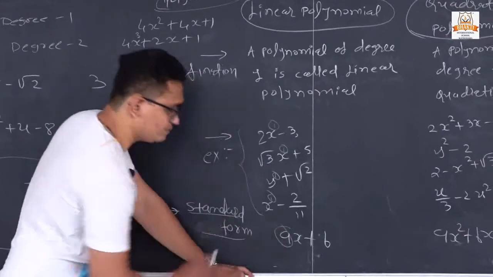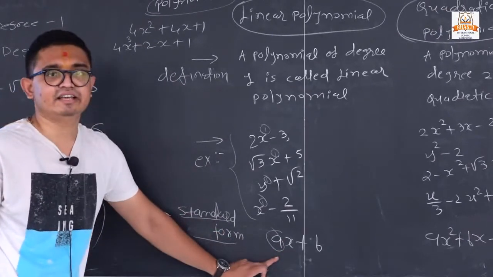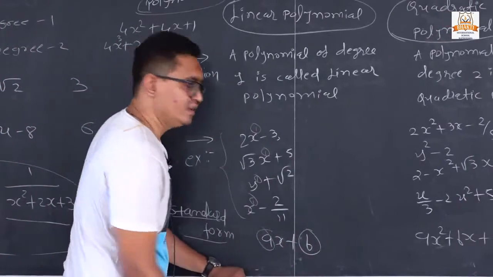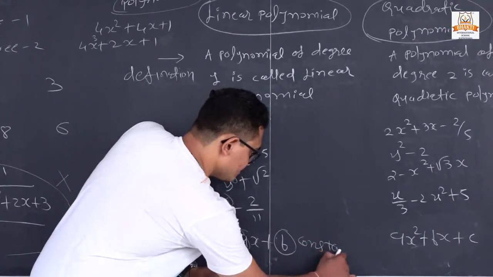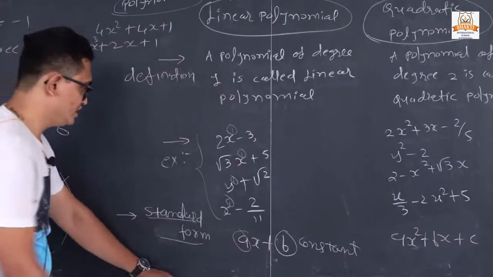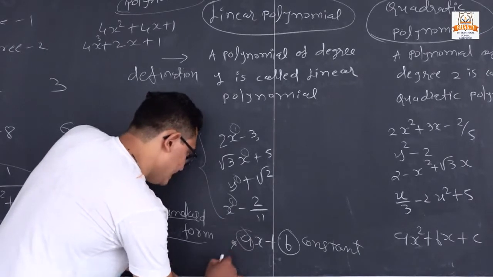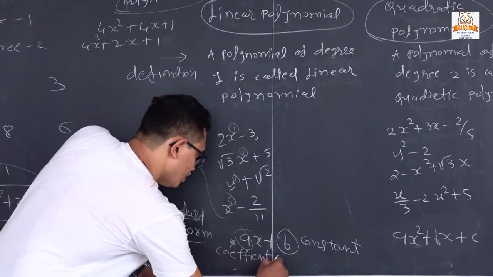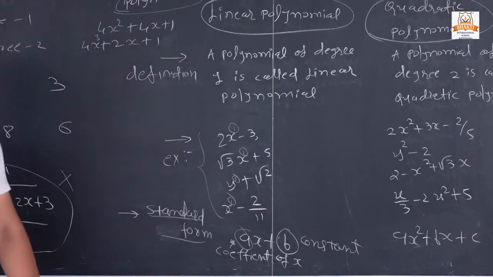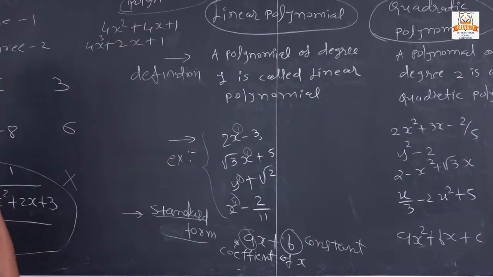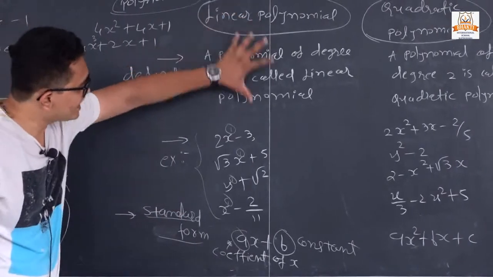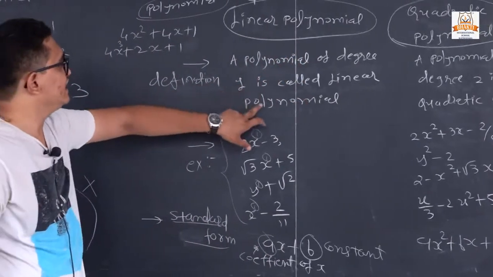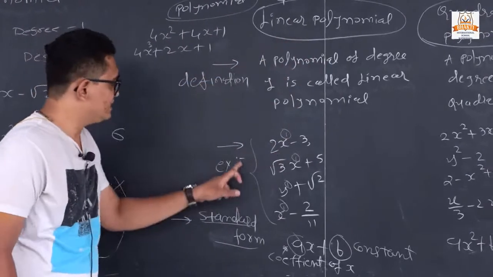Here a is the coefficient of x, and b is called the constant. So a polynomial whose highest degree is 1 is called a linear polynomial.